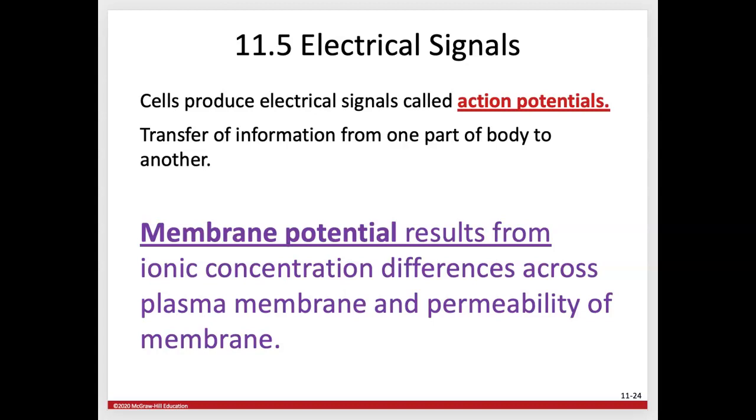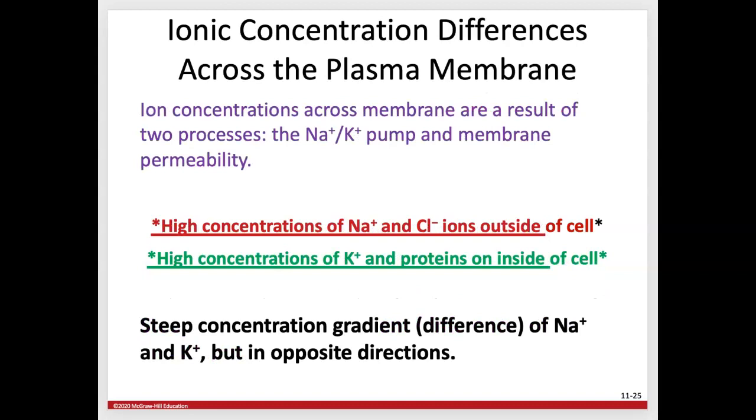So a difference in specific ions, whether it be sodium, potassium, chloride, negatively charged proteins, and so on, those allow for a membrane potential. If everything is positioned perfectly in order to allow for an electrical signal to travel. So we're going to talk more about this as we go.